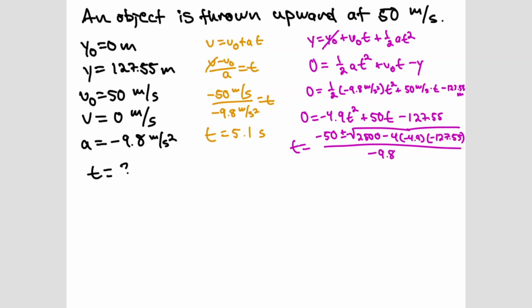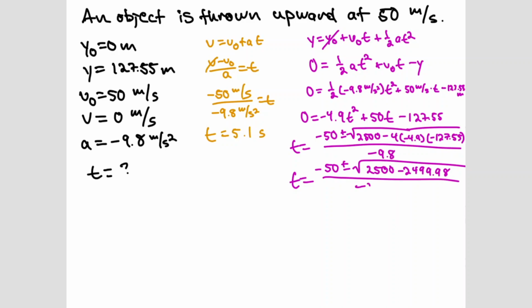Let's see. Negative 4 times negative 4.9 times negative 127.55 gives, oh wow, it gives, let's see, that's negative 50 plus or minus the square root of 2500 minus 2499.98.